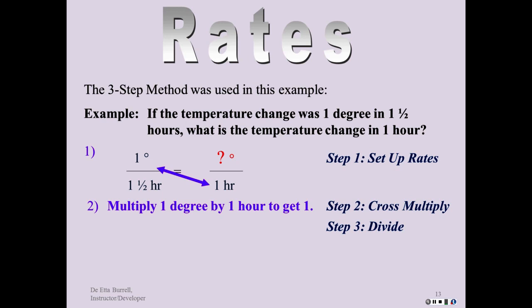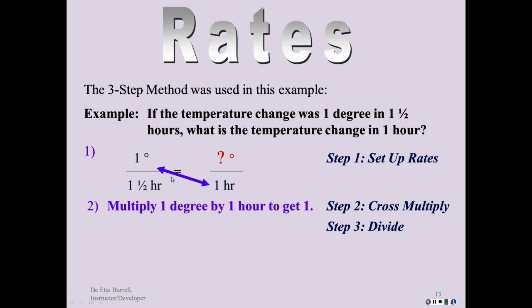And then that was my cross multiply. So I've set it up. I've cross multiplied and gotten 1. Then what am I supposed to do in step 3? Divide by what? I'm dividing by 1.5.